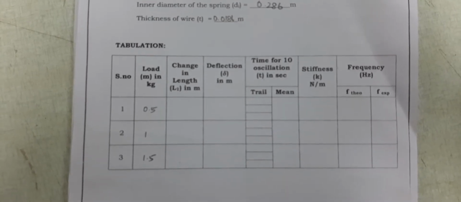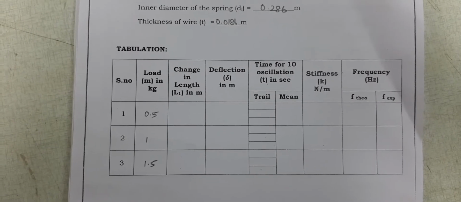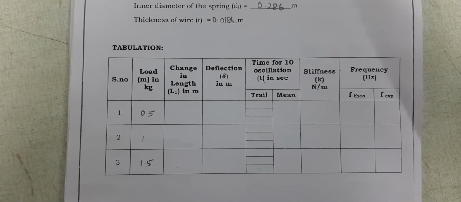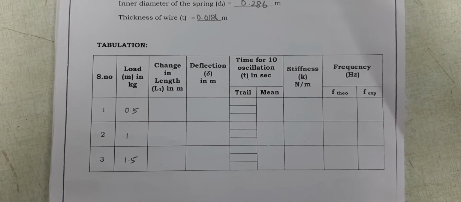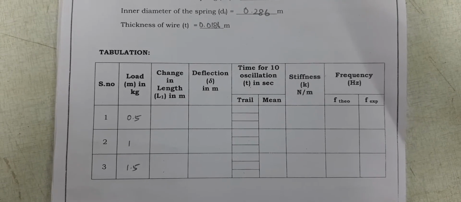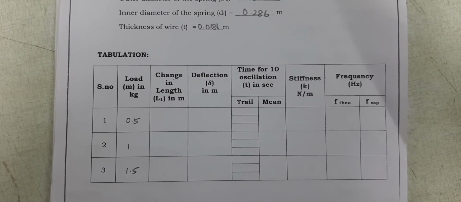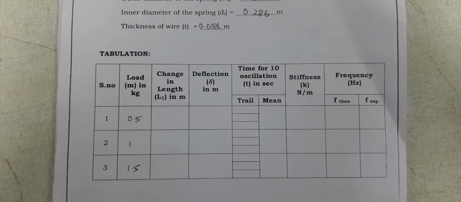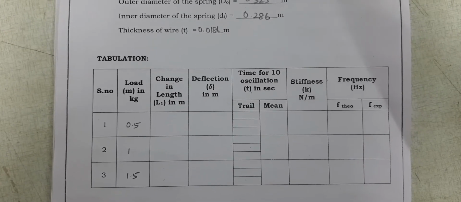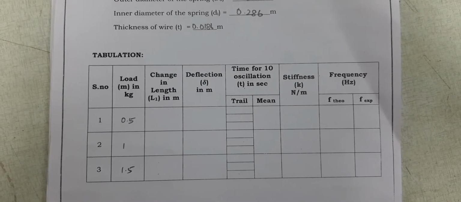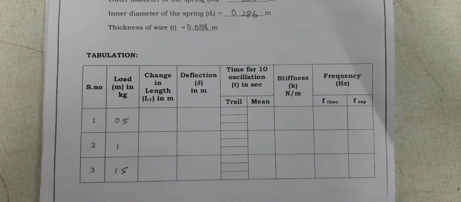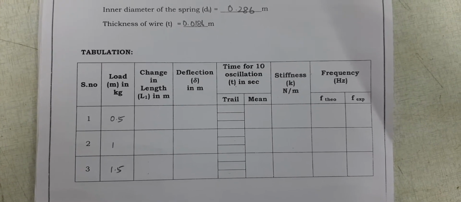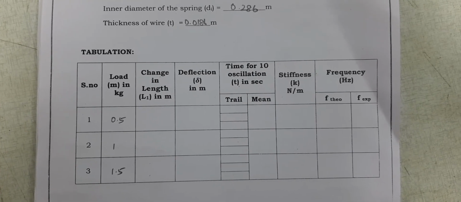We are going to take the value for every 10 oscillations. Then we calculate the mean. With the help of that mean, we will find out the stiffness value. After we find the stiffness value, we can determine the frequency of the spring.